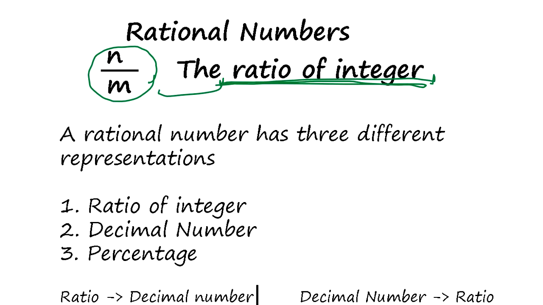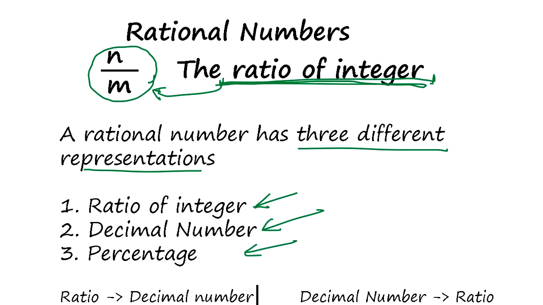Anything that is the ratio of integers is a rational number, but actually a rational number has three different representations, three different ways to write a number. Ratio of integers is one way, decimal number is another way, percentage is another way. They are all equivalent, exactly the same rational number.